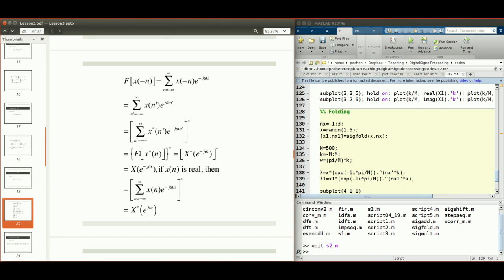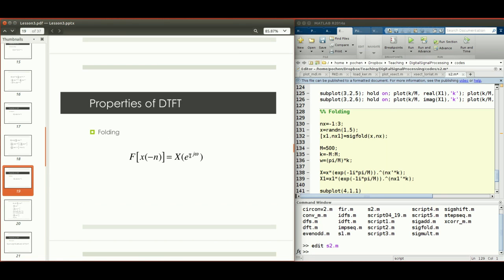So considering the conjugation property, you can replace the Fourier transform of x star with big X star of e to the minus j omega. And then if you carry the star into the square bracket, this star is going to cancel out this star. What you are getting is big X of e to the minus j omega.